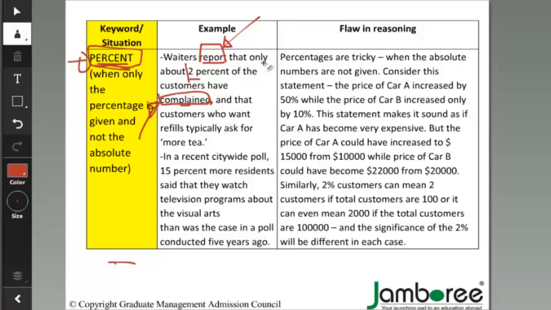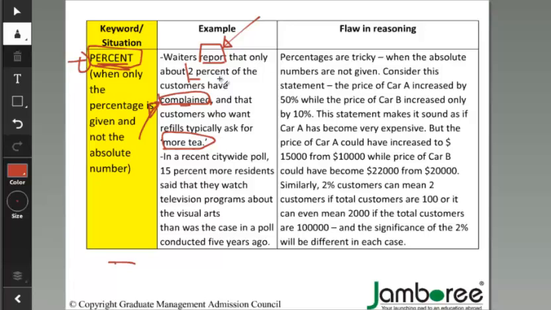Waiters report that only about 2% of the customers have complained, and that customers who want refills typically ask for more tea, right? Here again, the 2% is what percent? If the customers are only 10, if it's a new restaurant with only 10 people per day, then it's a huge number, right?